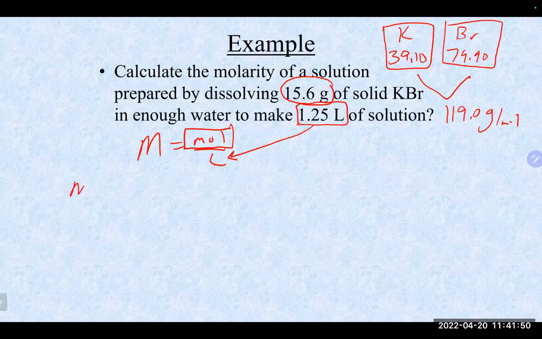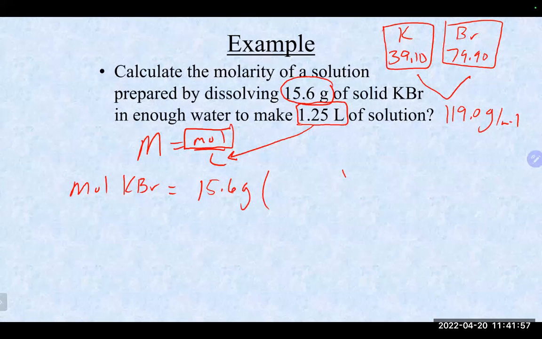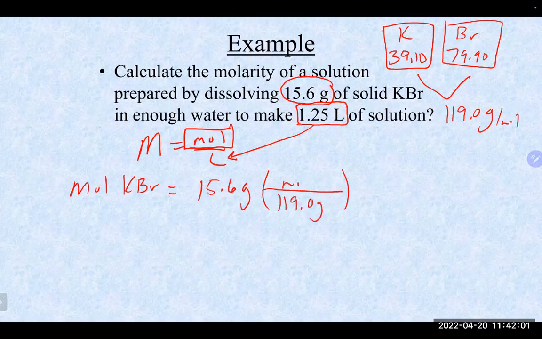So to convert to our moles of KBr, it would be our 15.6 grams divided by our 119 grams per mole. Grams will cancel, and that will get us 15.6 divided by 119, 0.131 looks like moles of KBr. That is the top part of what we need.